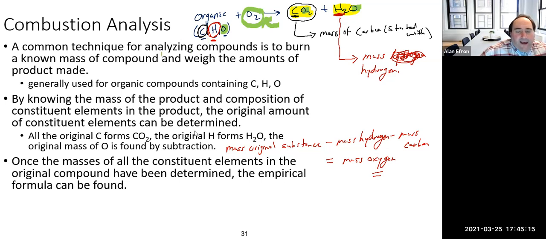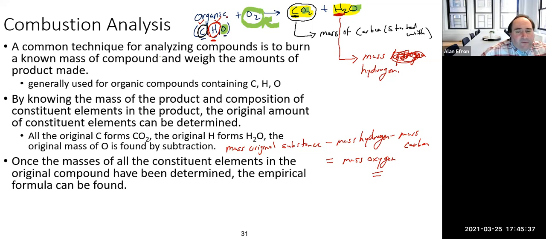So that's why we have to figure out how much carbon there was, because that was part of our original substance. Figure out how much hydrogen. And conservation of mass tells us that whatever mass is left over has to be the mass of the oxygen that we originally started with.